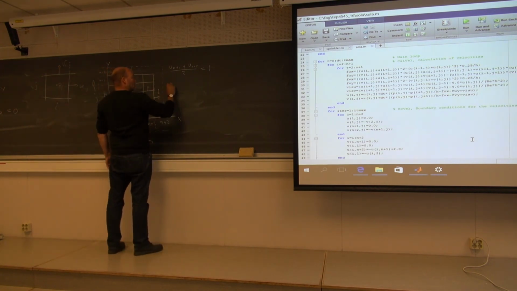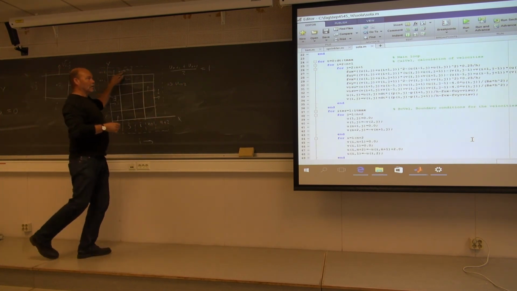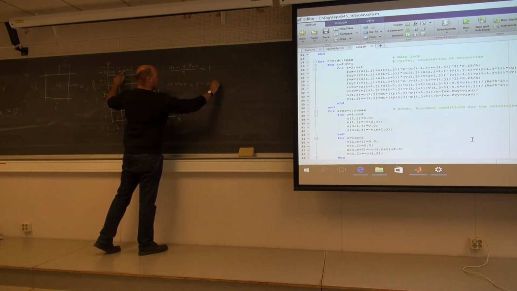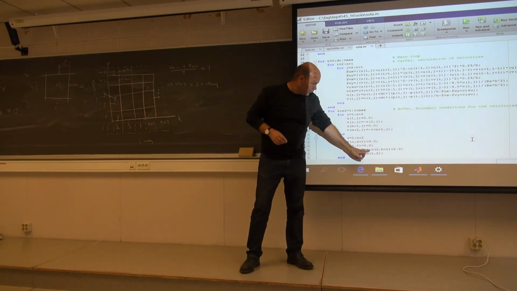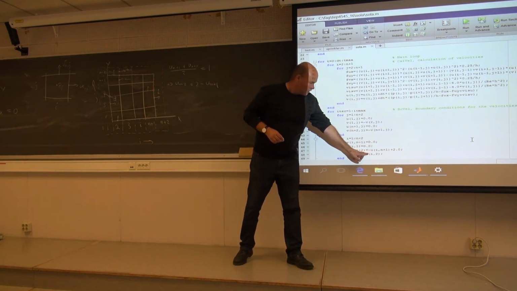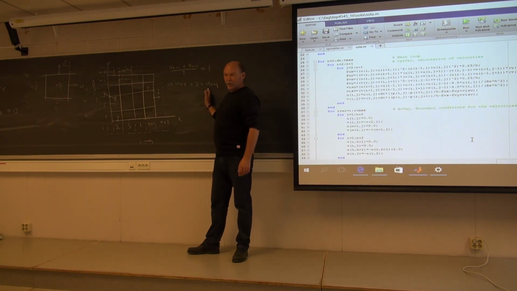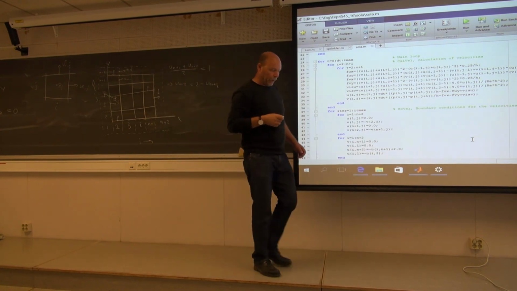Okay. Then the boundary condition for the velocity inside the boundary cell here must be 2 minus un plus 1, which is what you find here. So we have constructed boundary conditions so that the top wall is moving with a velocity of 1. Okay?